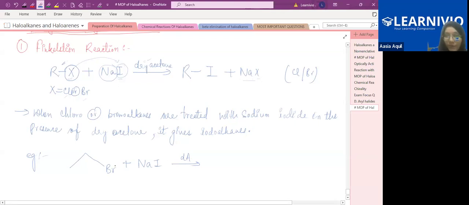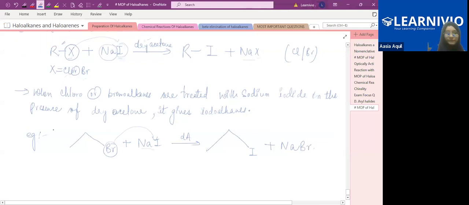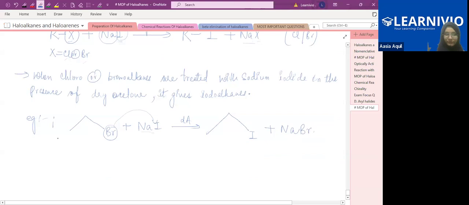This is a bromine group, so the bromine group will be replaced by the iodine group and you will get CH3CH2I over here, iodoethane, a two carbon chain. Plus what will be the byproduct? The byproduct will be sodium bromide, NaBr. Got it? Yes, ma'am.